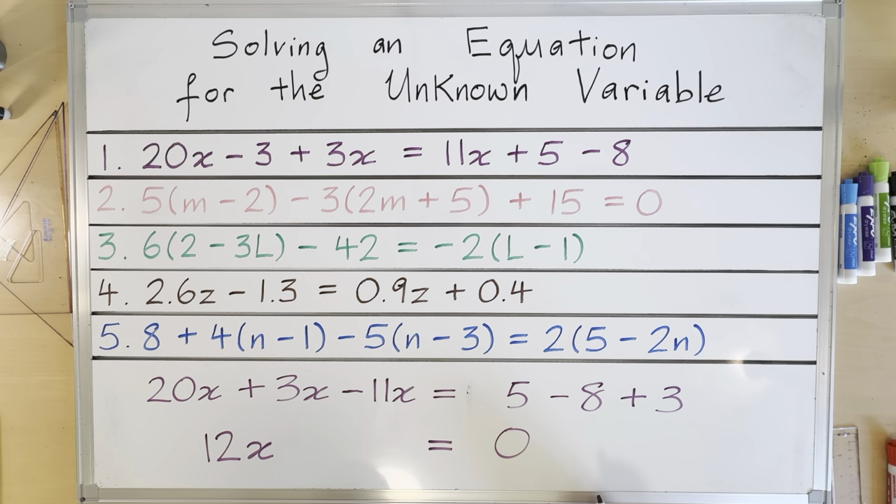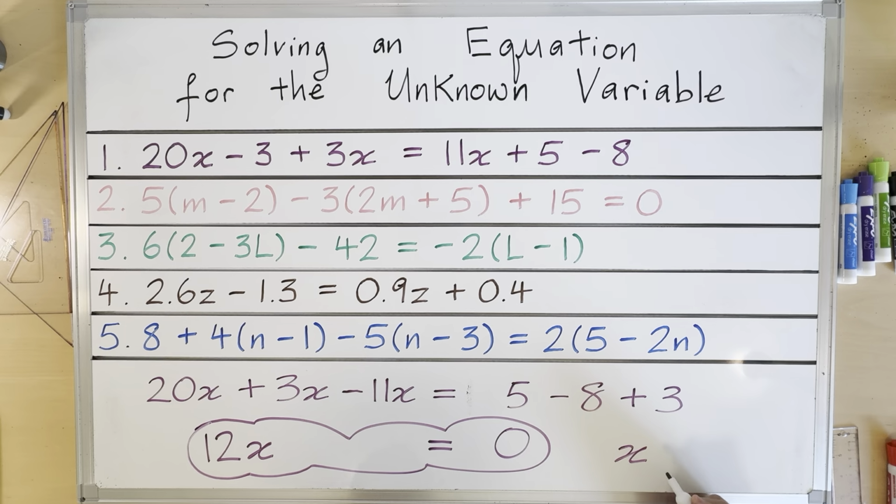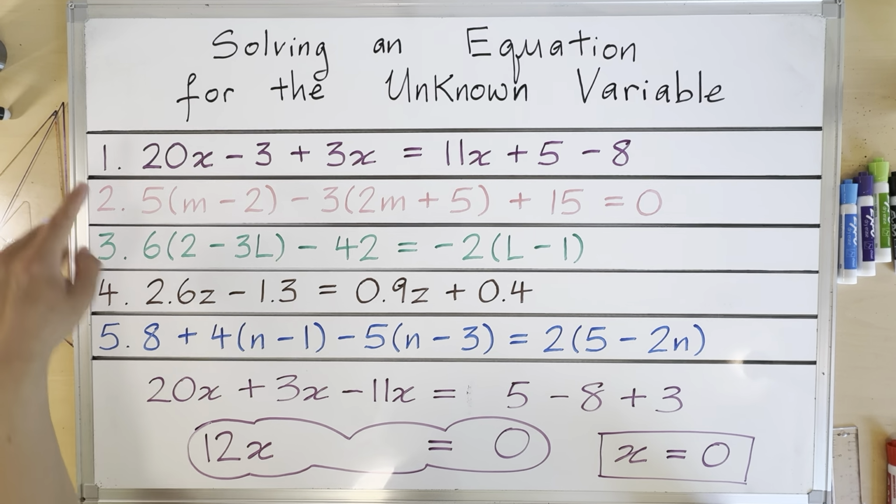And so therefore, the only way for this equation to work out is for x to be equal to 0, because anything times 0 gives us 0. So therefore, x equals 0 would be the final answer for problem number 1.